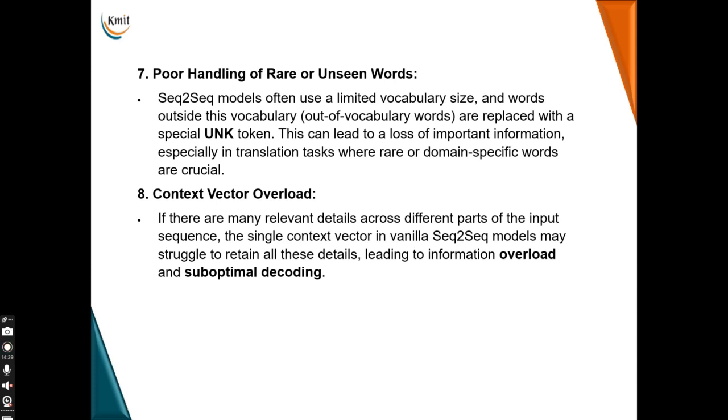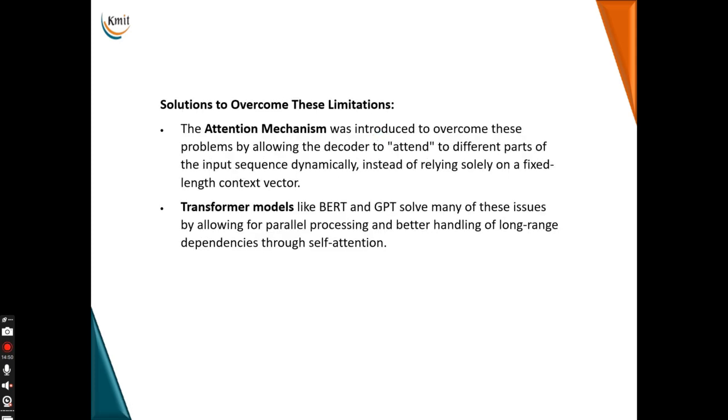Different parts of the input sequence might have relevancy information. When we try to fit the entire data into one fixed size context vector, we might have chances of overloading or suboptimal decoding of the context vector.